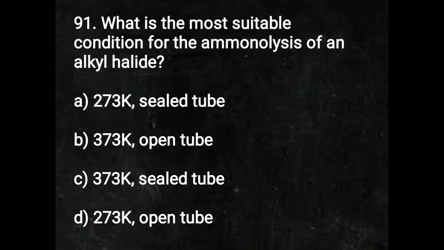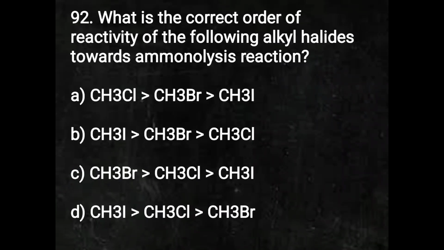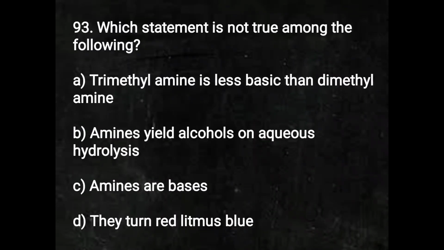What is the most suitable condition for the ammonolysis of an alkyl halide? Option C is the right option. What is the correct order of reactivity of the following alkyl halide towards ammonolysis reaction? Option B is the right option.